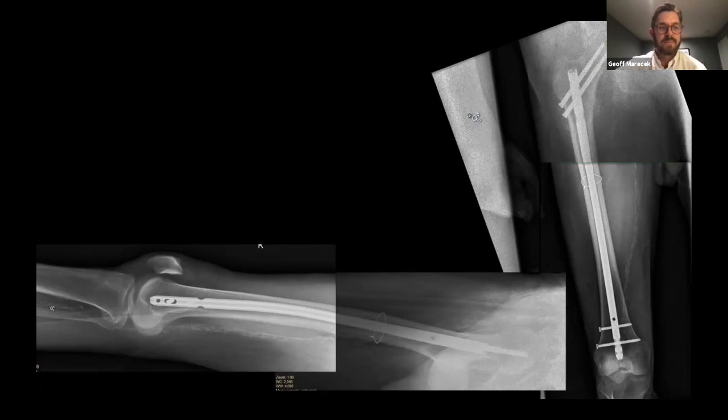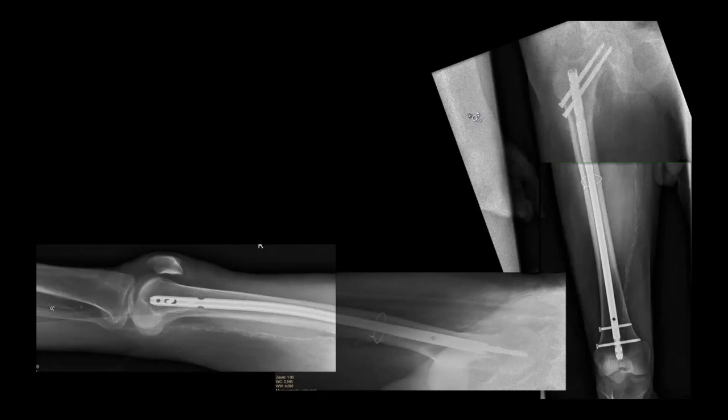Well, Jeff, just to elaborate on that, these long spirals in these elderly patients, when we do open them, what you find is they have all this muscle interposed. And so a couple things: if we leave it in that position, or you obtain a closed reduction and it's not perfect, then we have interposed muscle, we have a large gap.